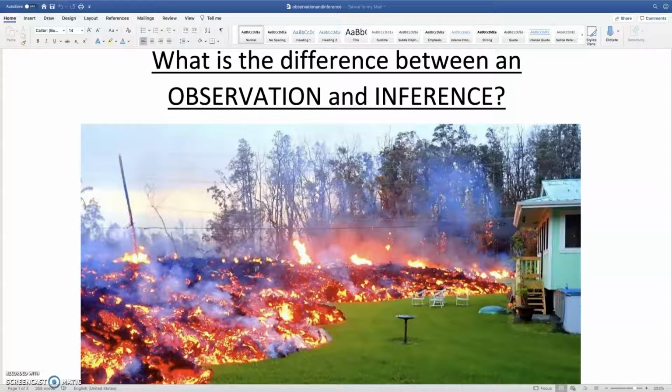We have five senses: sight, smell, hearing, tasting, and feeling. With those five senses, we can gather information about our surroundings.